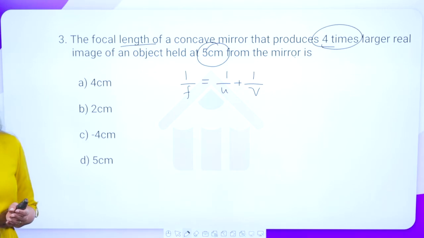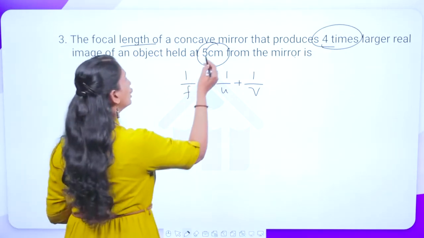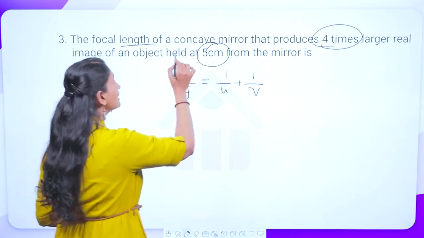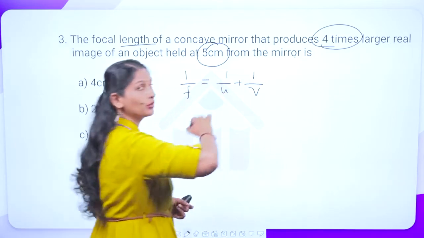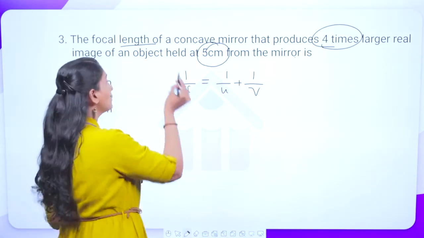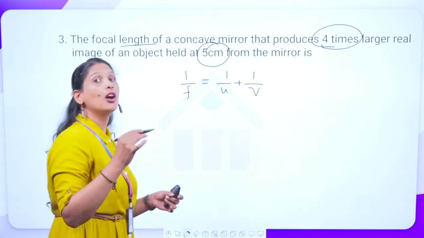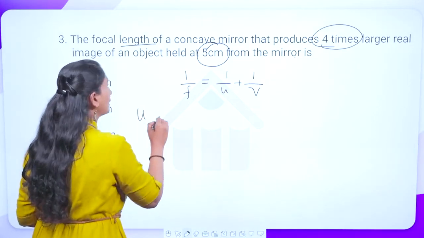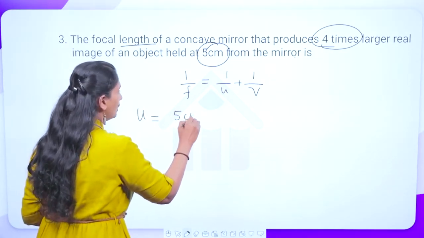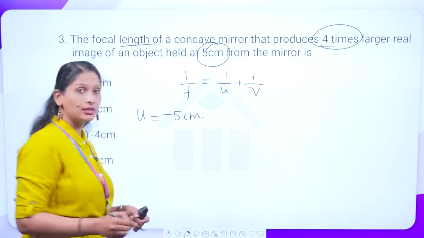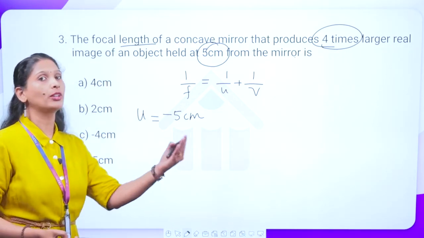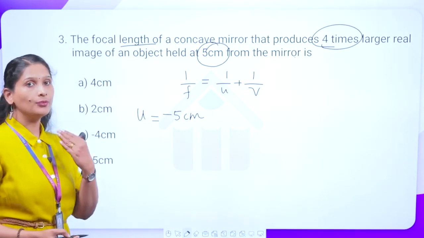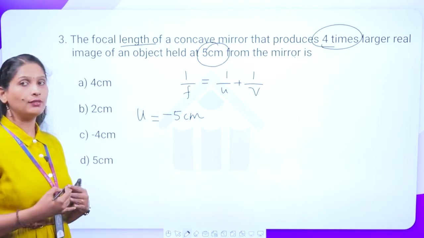Now, here you have u, because it is given that the object is held at 5 centimeter from the mirror. And we know that the distance between object and mirror is the object distance u, and that is given to be 5 centimeter. Since the object is to the left of the mirror, the object distance will be negative by sign convention.